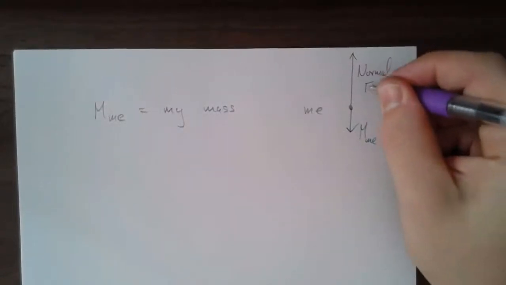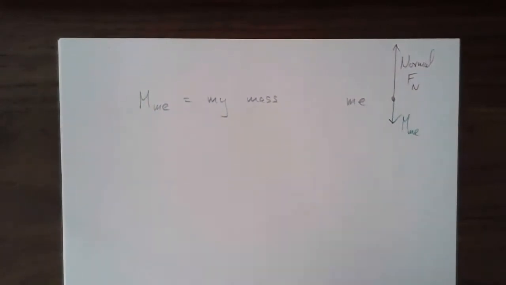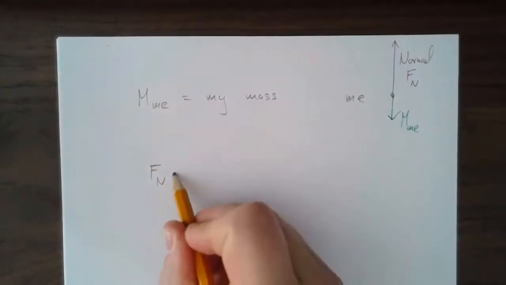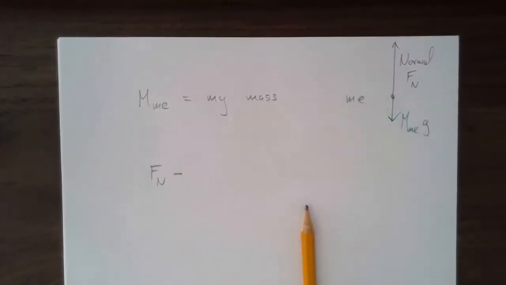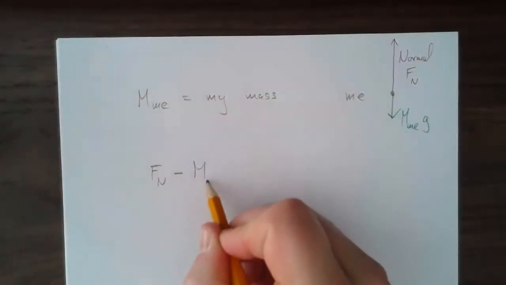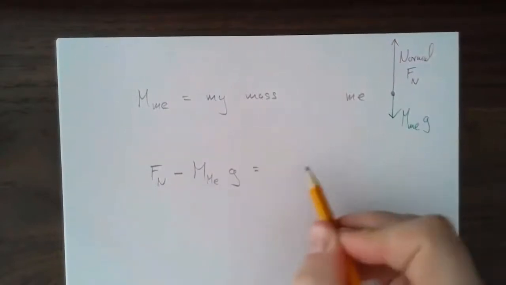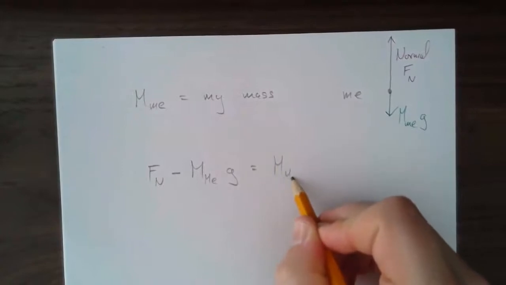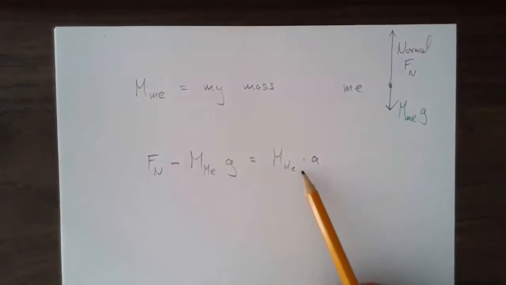So the normal force, let's call it F subscript N for normal force. Well, what I know is that F_N minus the weight, of course, is not the mass times g. If you were confused, then good on you, it means you're paying attention. Minus my mass times g, that's equal to, well, now the object is me, so it's my mass times a, but the a is the same value that we had before.